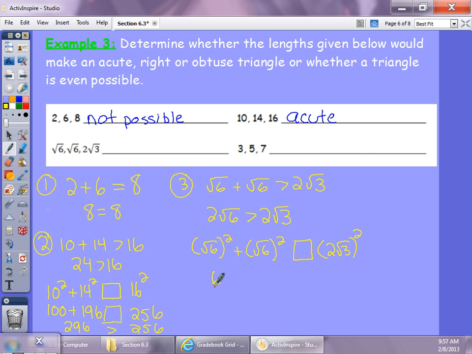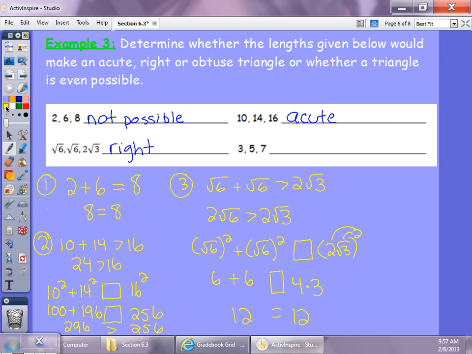So this is going to give me 6 plus 6. And then we're going to distribute. So 2 squared is 4. Root 3 squared is going to cancel out the root and leave me with 3. So 6 plus 6 is 12. And that is equal to 4 times 3, which is 12. So therefore, this is going to be a right triangle.